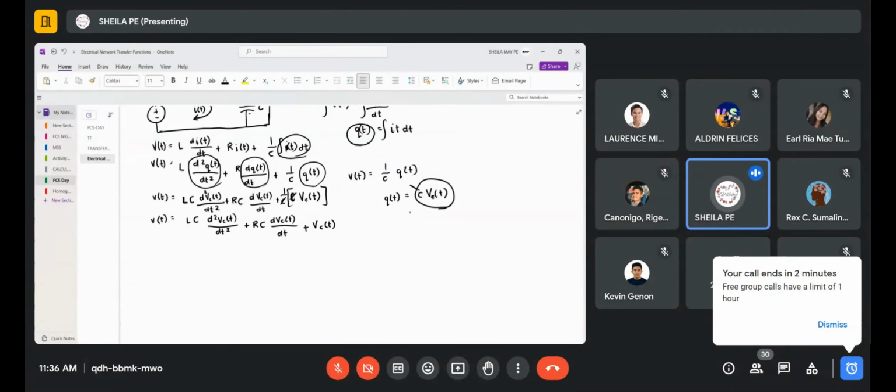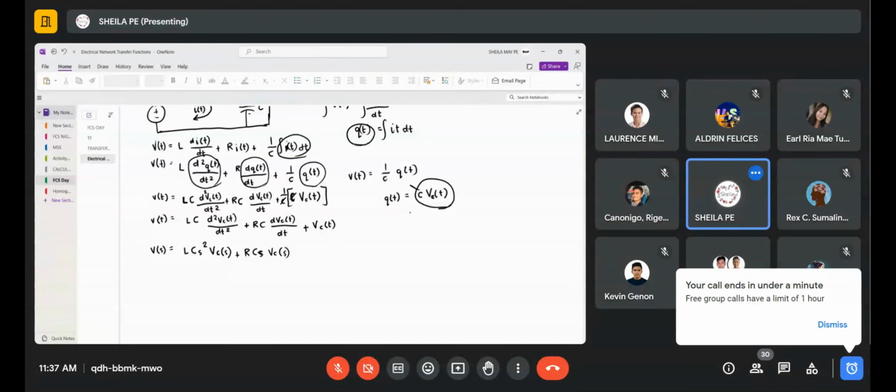So in getting the Laplace transform, V of S equals LC S squared VC of S plus RC S VC of S plus VC of S. You factor out VC of S, so LC S squared plus RC S plus 1.